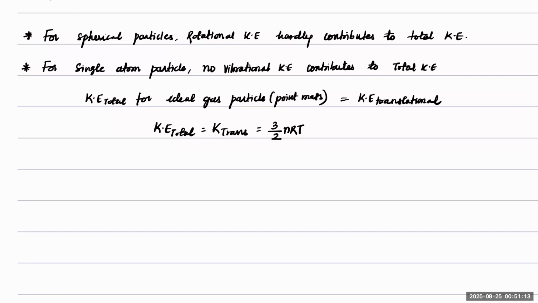And if we write it for kinetic energy per particle, which we call the average kinetic energy per particle, we got this as 3 by 2 kT.